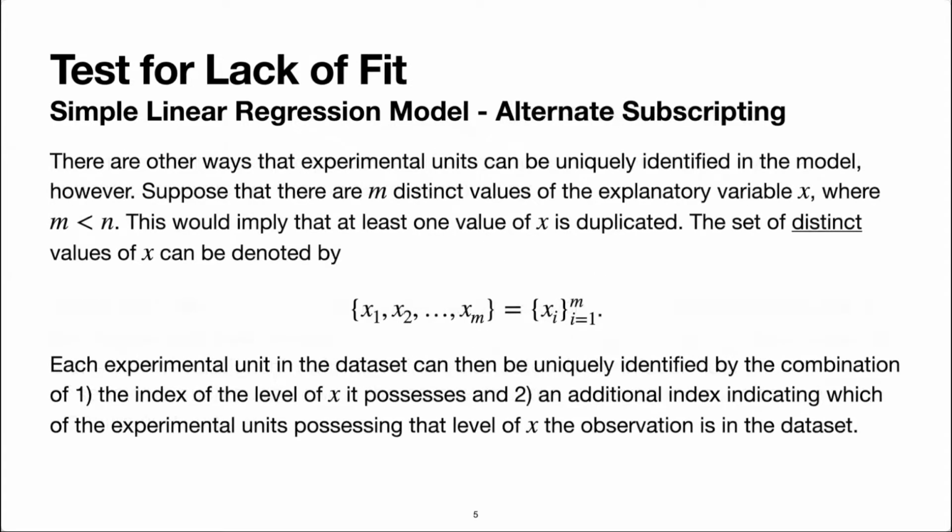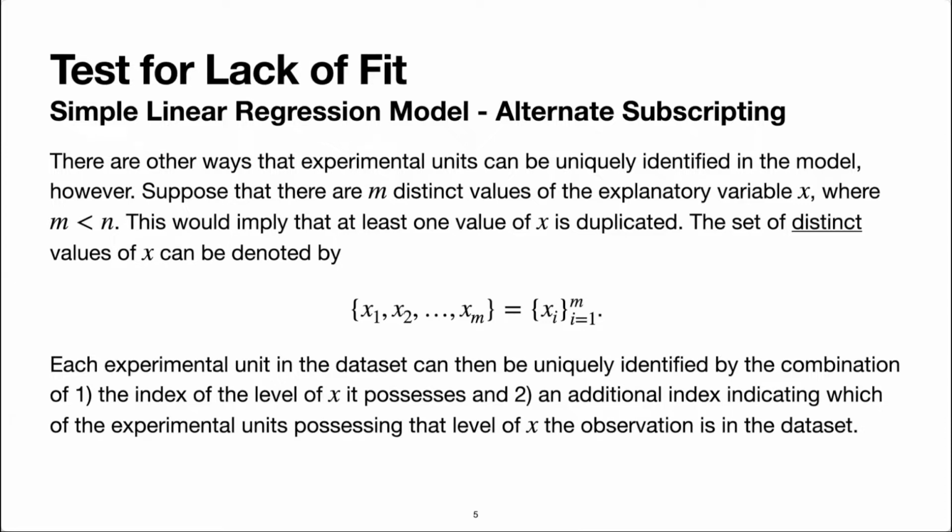Now, there are other ways that experimental units can be uniquely identified in a model. Suppose that there are m distinct values of the explanatory variable x, where m is strictly less than the sample size n. Now, if this is the case, that would imply that at least one of the x values is duplicated in the data set.